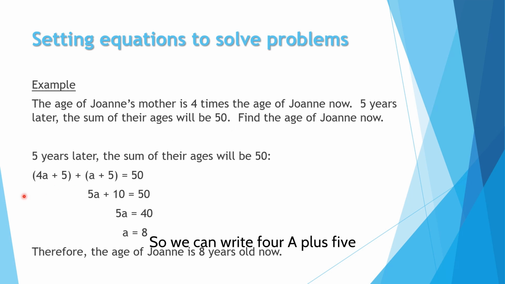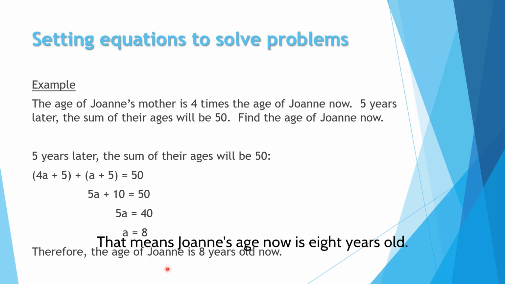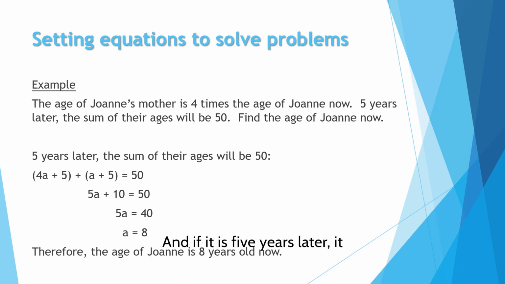So we can write 4A plus 5 plus A plus 5 equals to 50. And then after simplifying, we would get the answer of A equals to 8. That means Joanne's age now is 8 years old. And if it is 5 years later, it would be 8 plus 5 equals to 13.